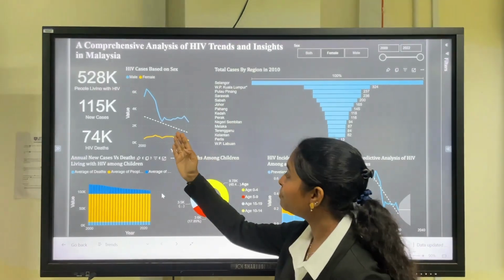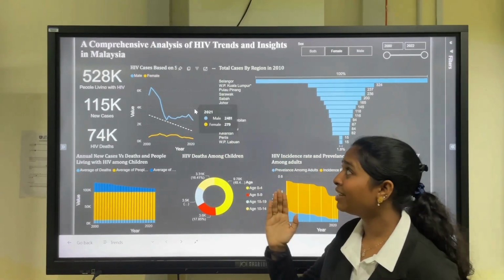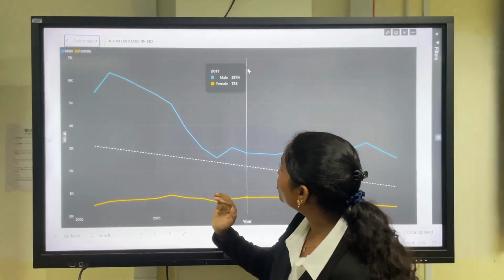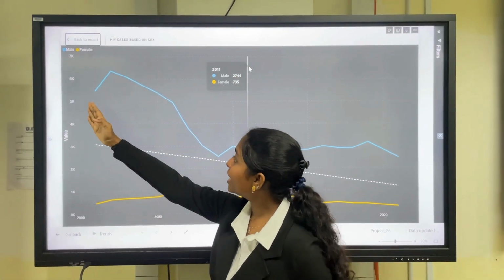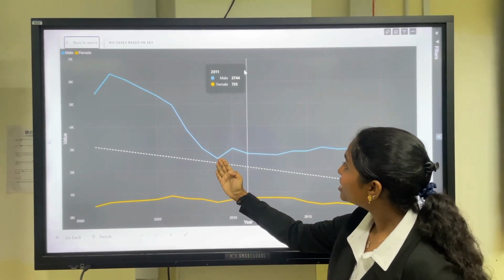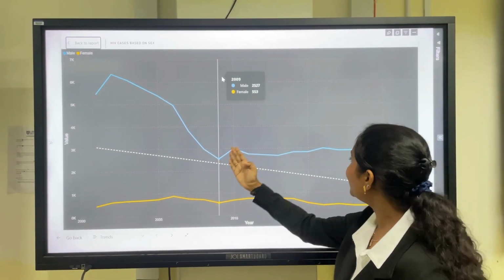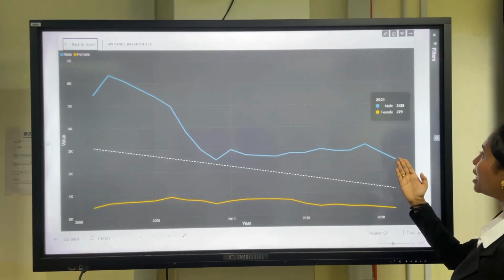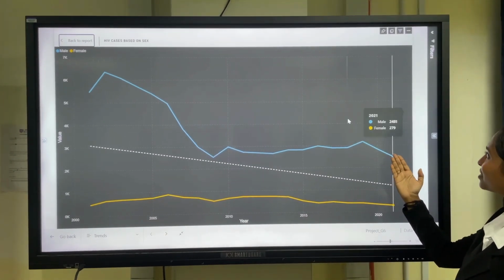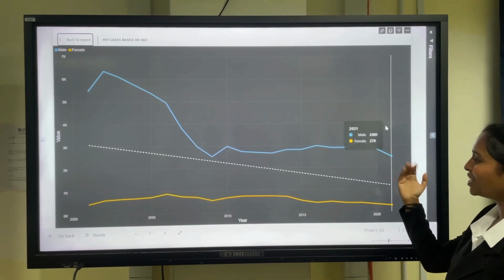If you look at this particular chart, HIV cases based on sex, the male population has always had a higher number, which then dropped in the year 2009 and has been quite steady until the year 2021.